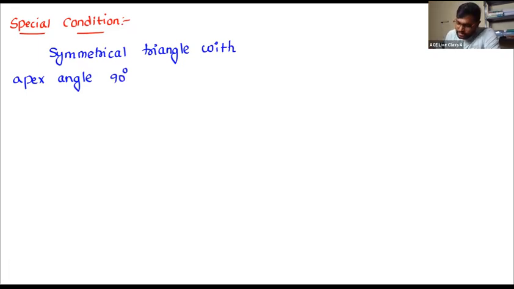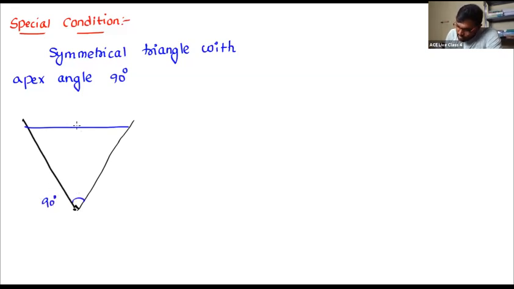What is the meaning of symmetrical triangle? It means the angle on both sides is going to be the same, and the apex angle is going to be 90 degrees. This is the depth of flow, and one side angle is going to be 45 degrees.